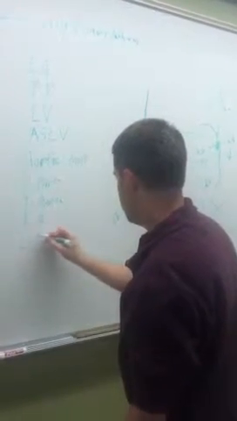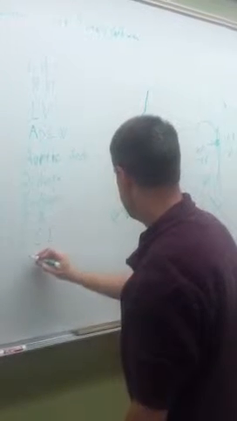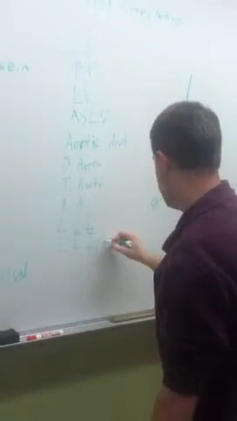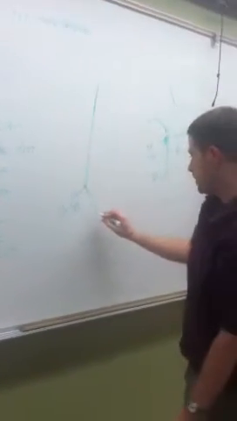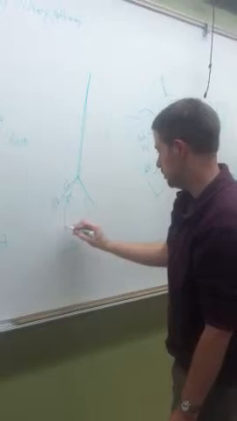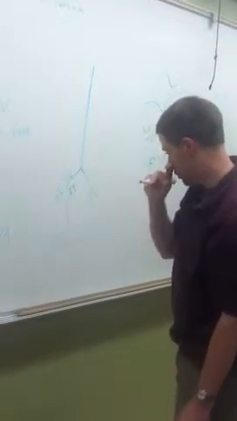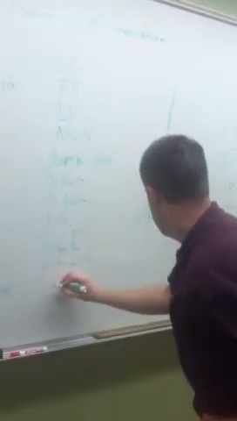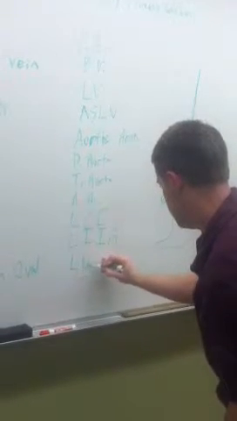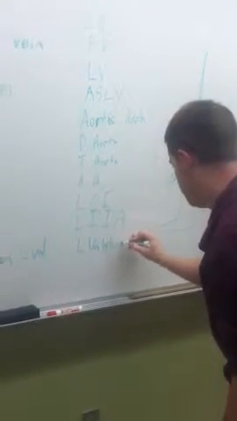We'll go left common iliac artery, left internal iliac artery, and then off of the internal iliacs we have the umbilical arteries, which go back through the umbilical. When were we ever gonna learn that?